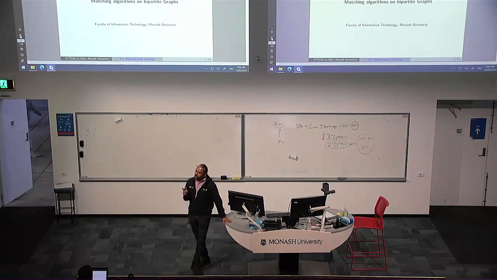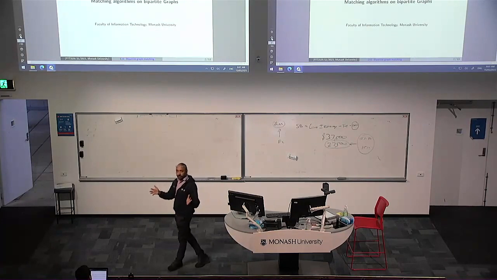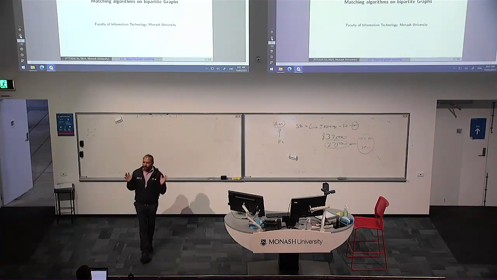Did anybody do maximum cardinality bipartite graph matching in the tute, at least as a special case of Ford-Fulkerson? If you're given a bipartite graph, you want to find a matching where the number of edges in the matching is maximized. Nothing about the weights, it's an unweighted bipartite graph.